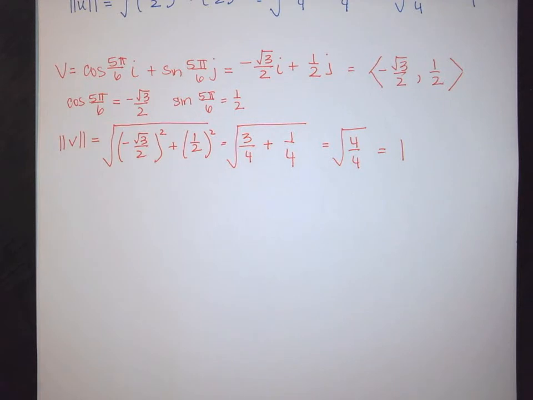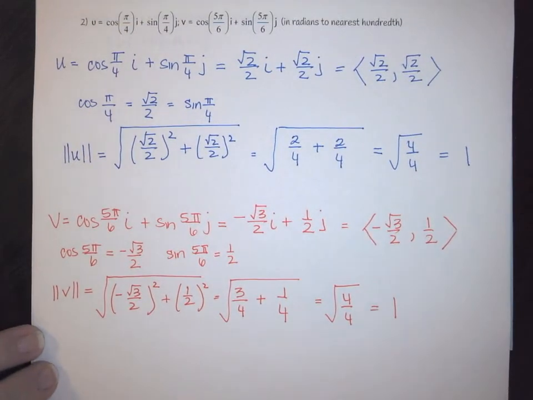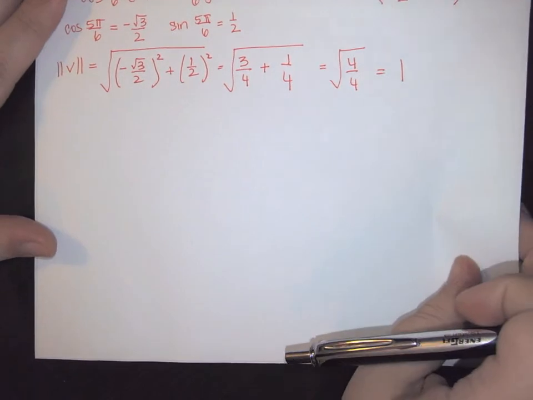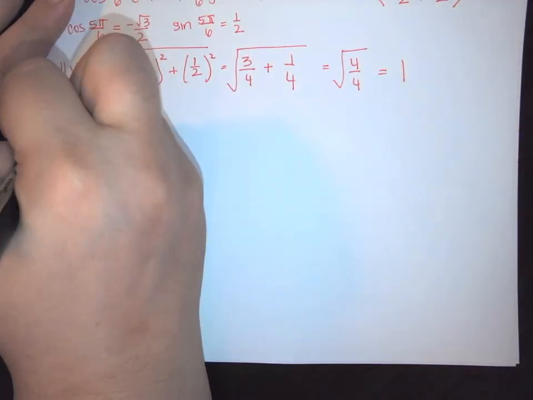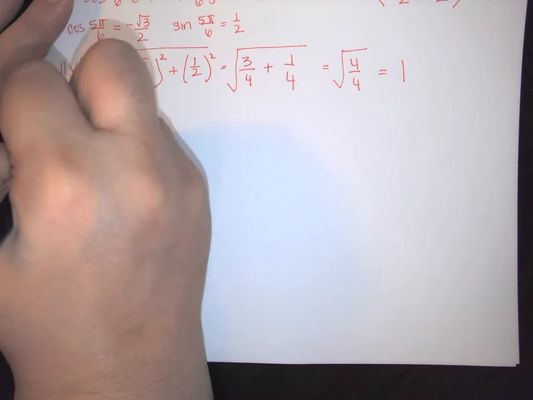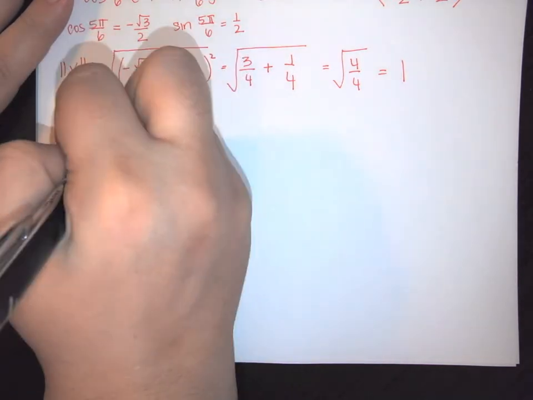Now that I've done everything I need to find my individual pieces, now I've got to do the equation part. So first and foremost, I have that the cosine of my angle again is equal to the dot product over the magnitudes.